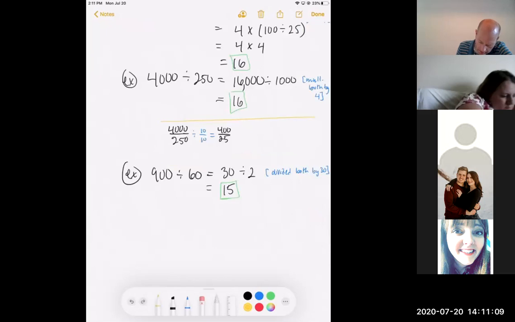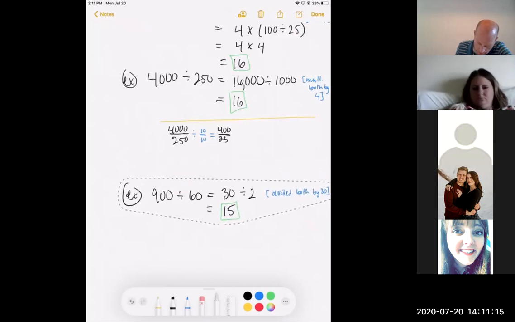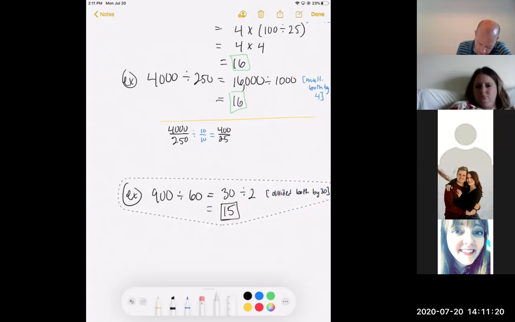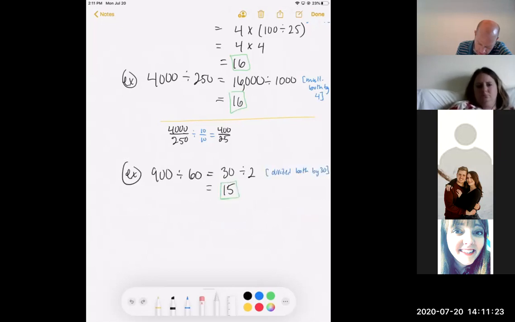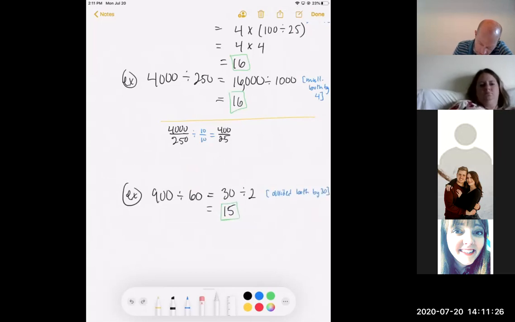And then the other way was where we took the 4,000 divided by 250 and multiplied it by 4. You got 16,000 divided by 1,000.